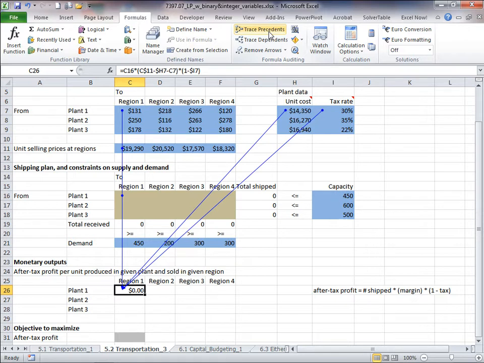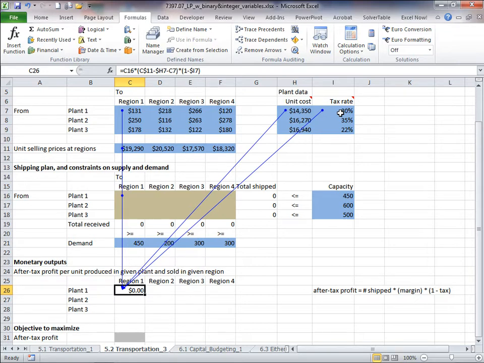So it's picking up, first of all, the units shipped in this region. It's picking up the selling price. It's picking up the production cost. It's picking up the transportation cost. And it's multiplying by 1 minus the tax rate. Does that look right? It does to me.